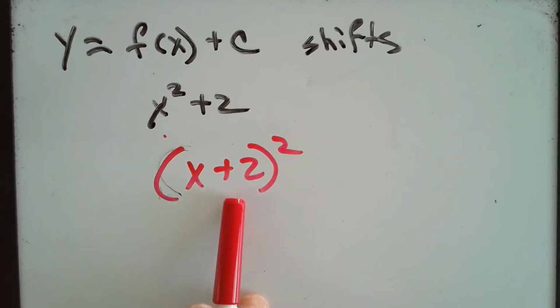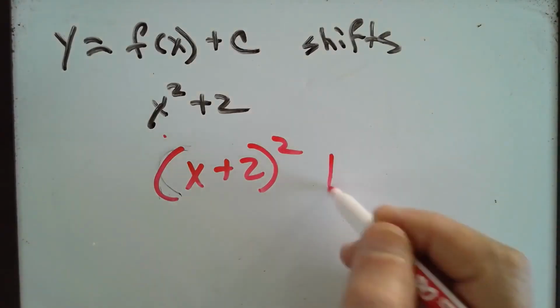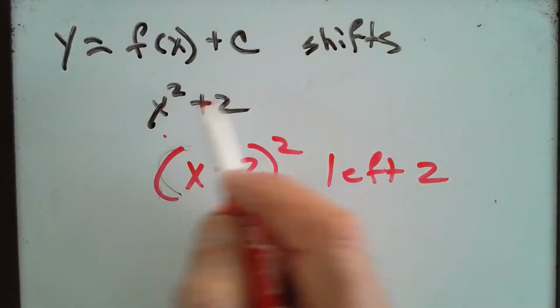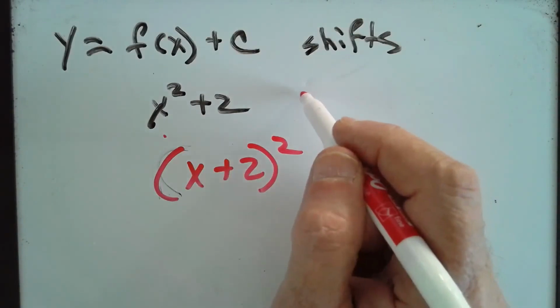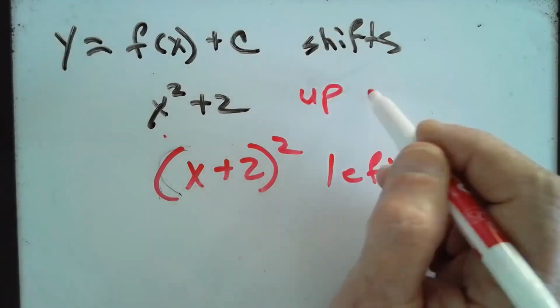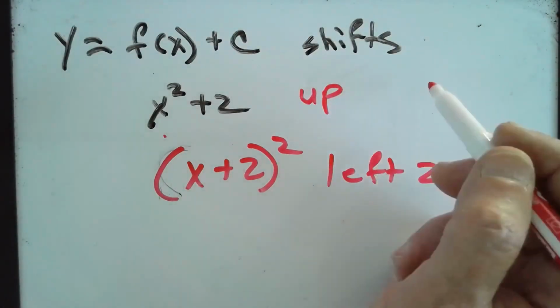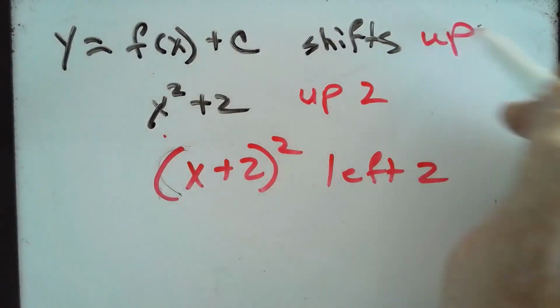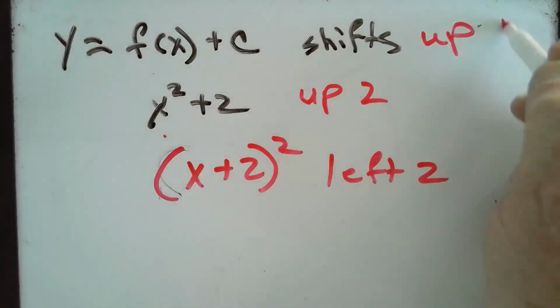This will move left 2, if it's inside the parentheses. If it's not inside the parentheses, then it's going to move up. So this shifts up c spaces.